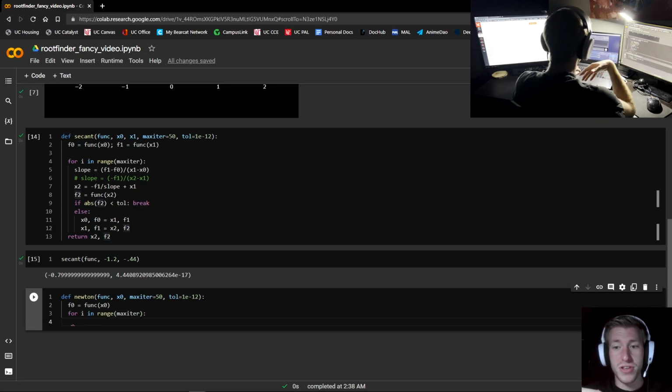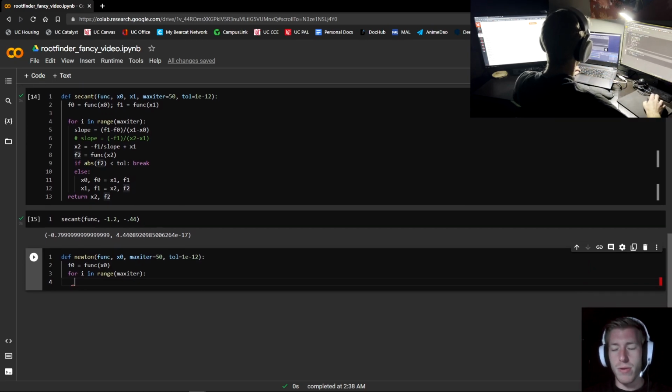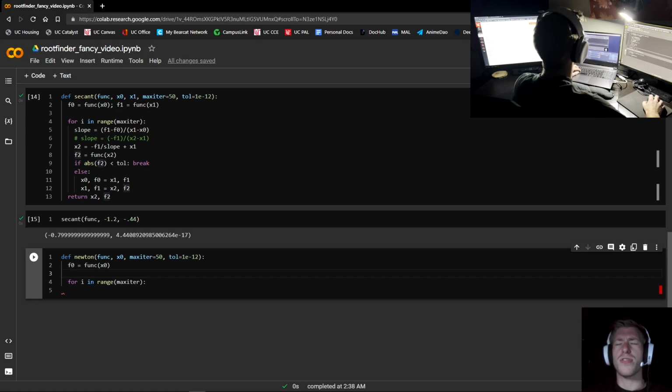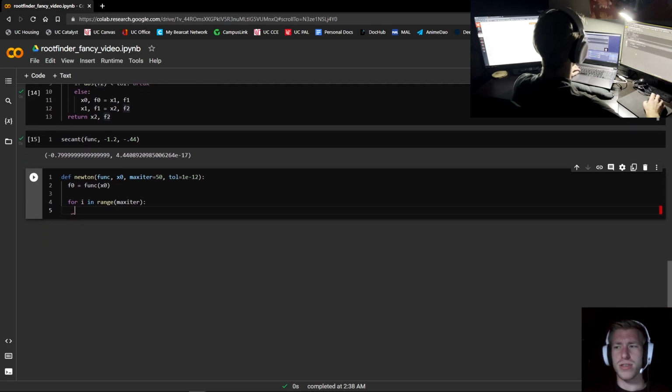What we're going to do is first figure out what the slope is at our x0 point. Actually, out here I can do that, because we're going to have to do it. No, we're going to have to calculate f prime every time. I'm trying to think, how do I want to do this? Yeah, I'm going to want to recalculate it every time, I think. But if I don't need to, I can just get rid of it then.